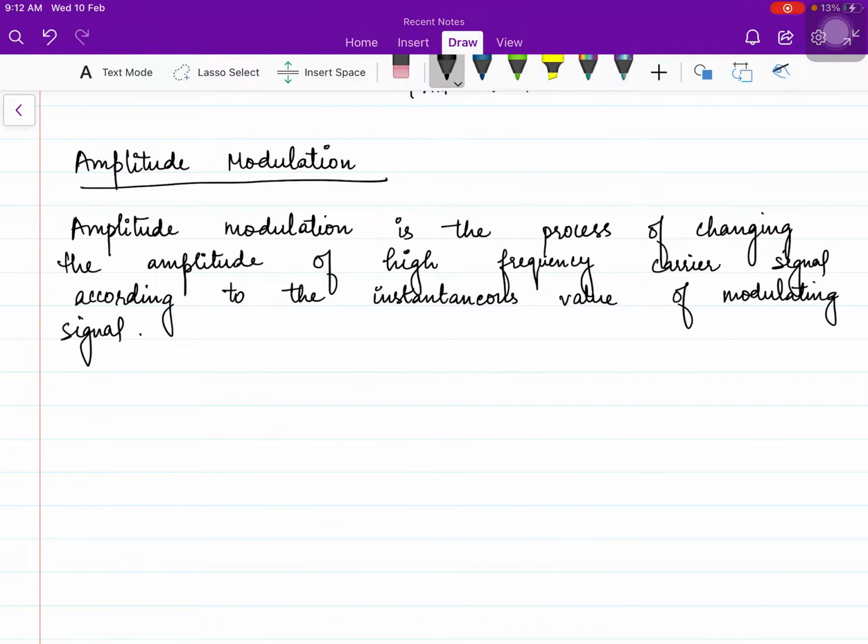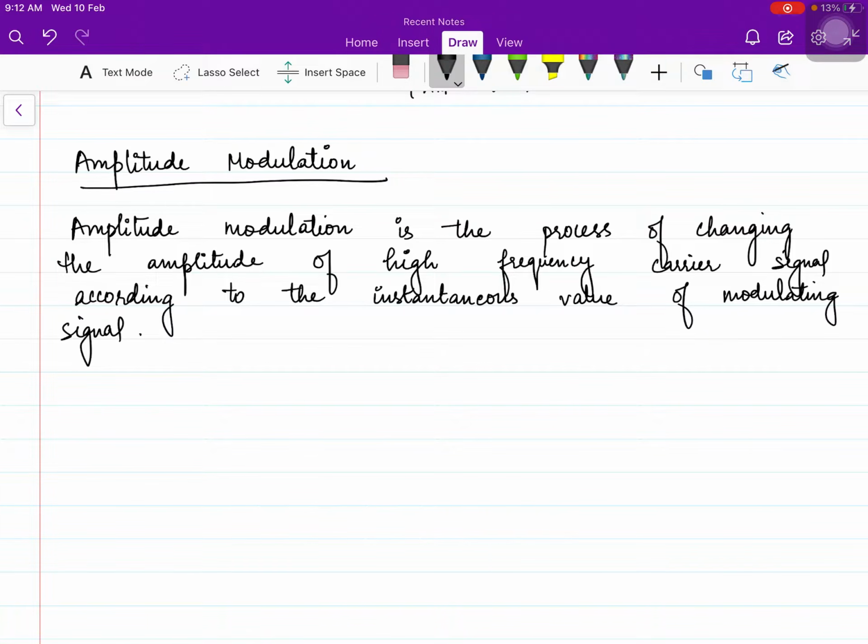So amplitude modulation is simply changing the amplitude of a high frequency carrier wave according to the instantaneous value of the message signal. There are some keywords here. Always use the prefix high frequency before carrier wave.